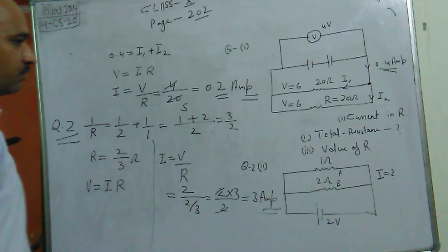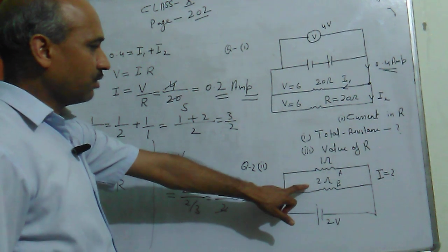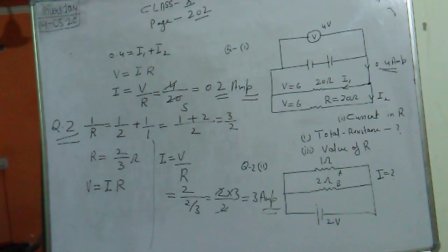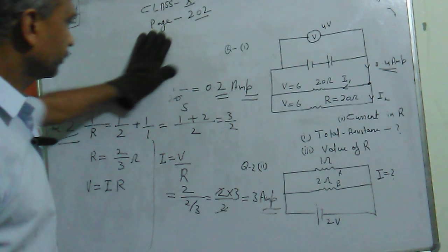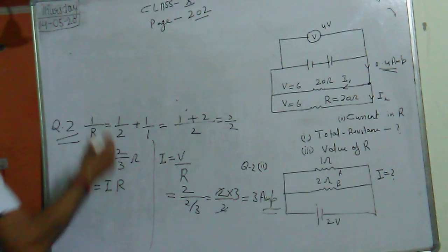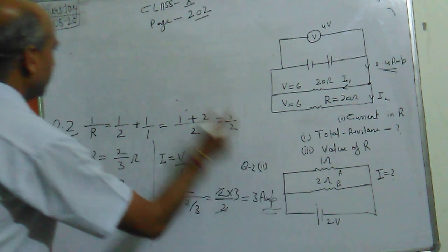Now if I want to find out the value of current in each resistance, we will have to find it for both. The total current is 3 ampere, and we know that voltage is 2 volt.